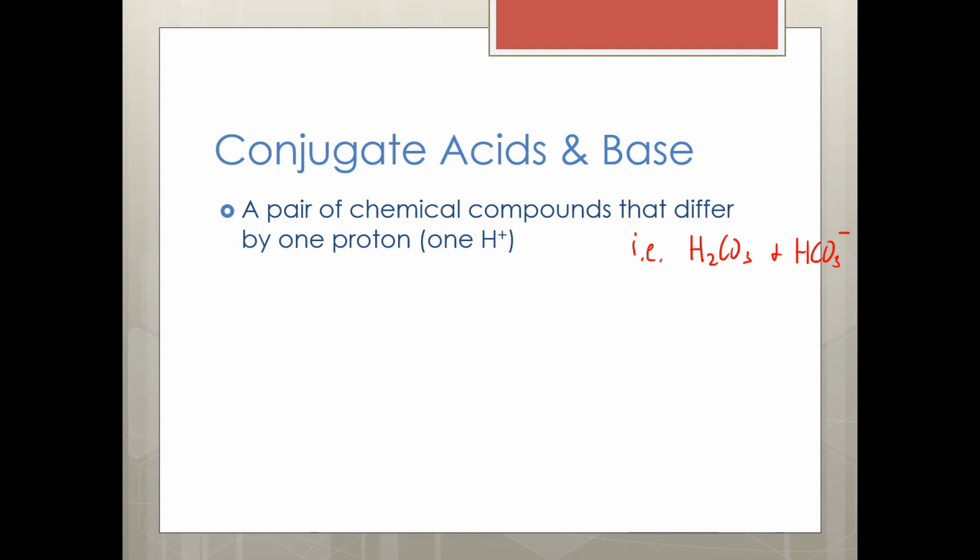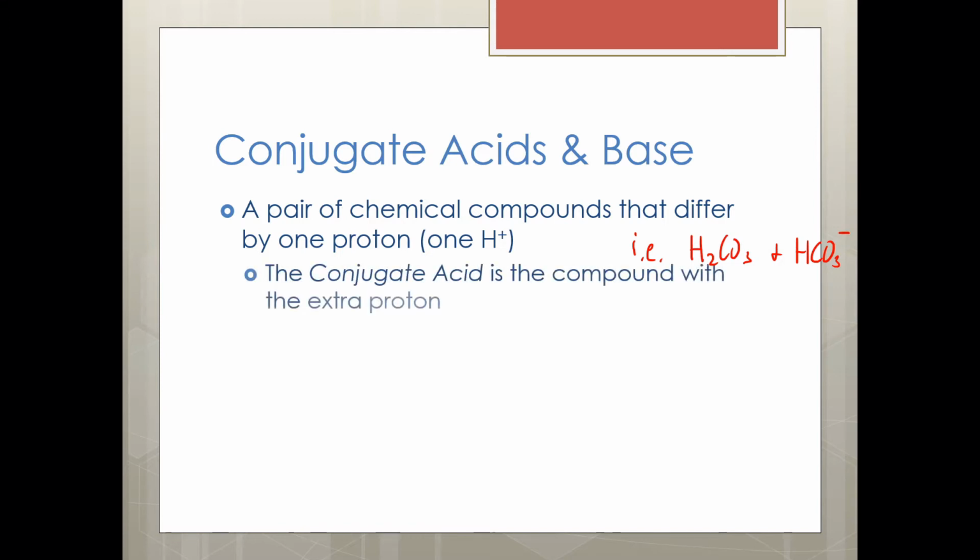Now, based on our definition of a Bronsted-Lowry acid, it makes sense to define the conjugate acid as the compound that has the extra proton. Because if we think of acids as proton donors or things that give away hydrogen ions, then anything that has an extra hydrogen or an extra proton is more likely to give it away.